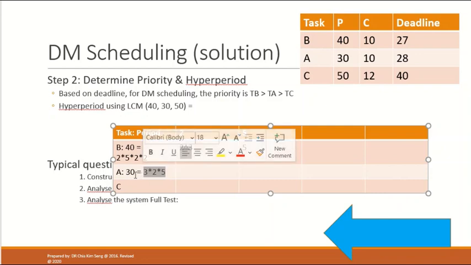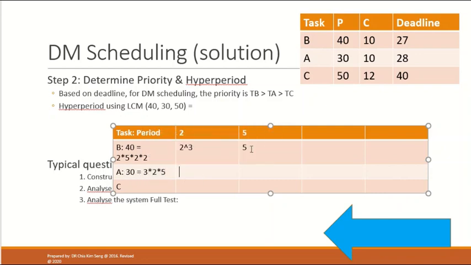The product of these three gets 30. So you have a new multiplier, 3. If we rearrange, we should have 3 here, 2 here, and 5 here. So this is your task A.